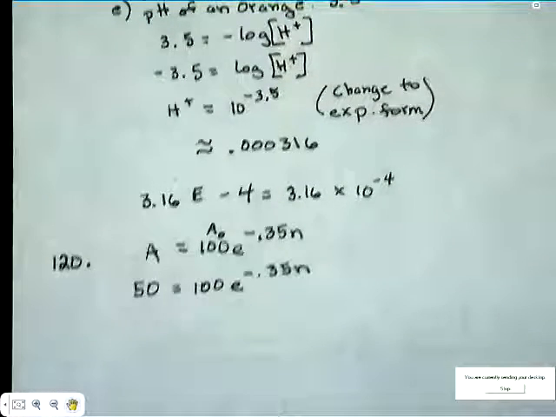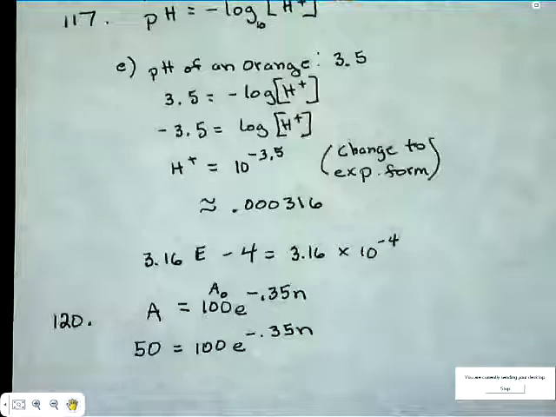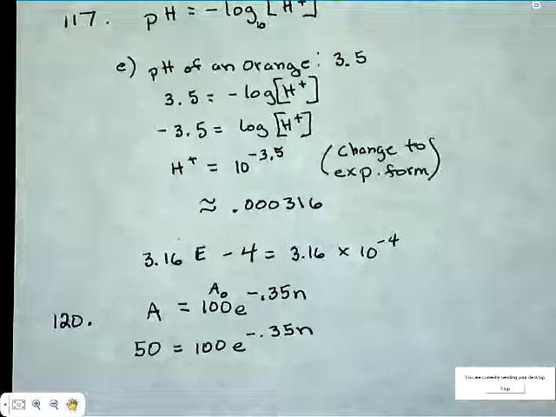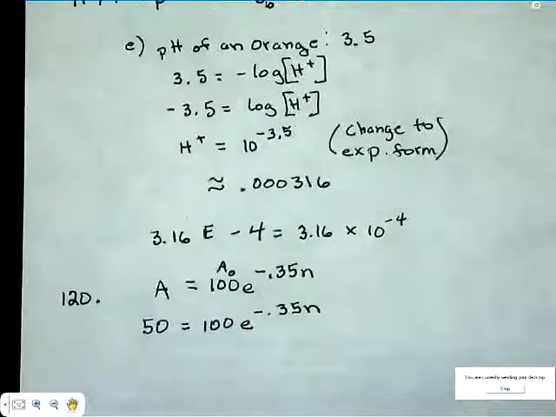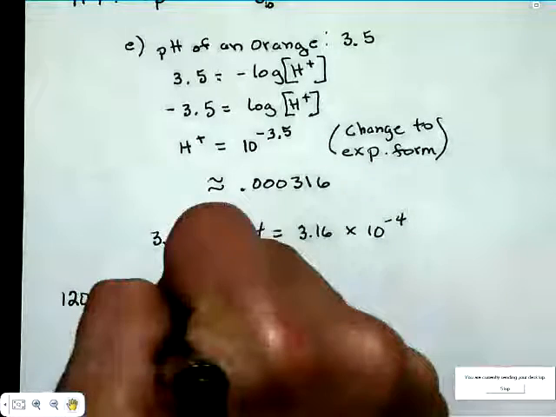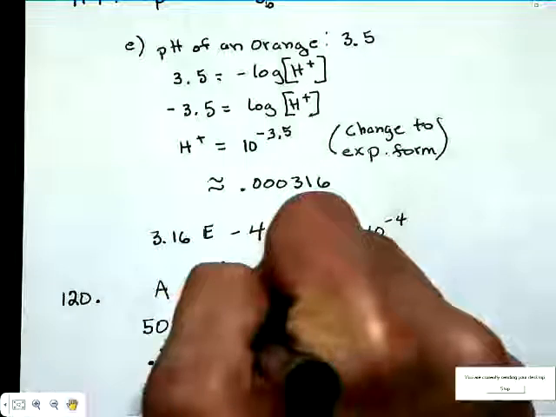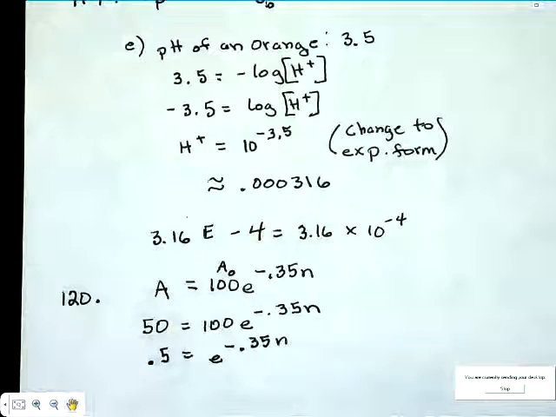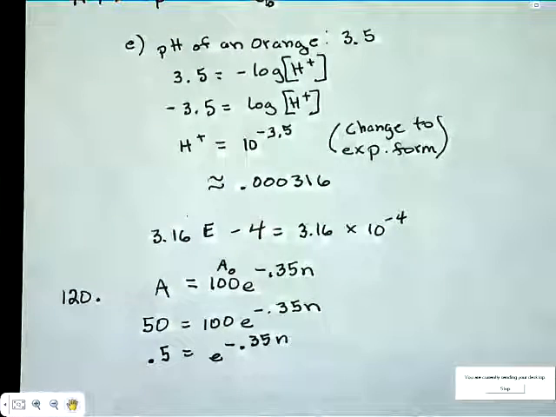Based on the first thing that we had to do in 117, what do you think's the first thing we have to do in 120? You have to get the exponential expression by itself. Get the e to the negative 0.35 n by itself. So divide by 100. 50 divided by 100 is 1/2, or it's easier to punch on the calculator, is 0.5. Then what?